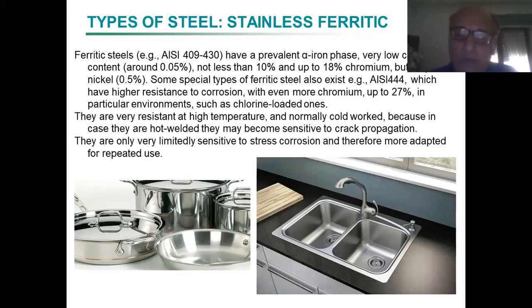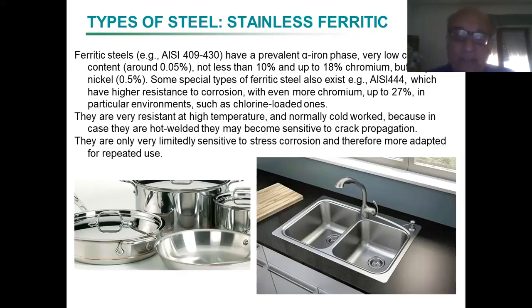It's important to understand that there are a few elements which have an influence on steel, which are in particular chromium and nickel. These are the two main actors after carbon. Carbon is inherent to the fact that iron becomes steel, and then if you have more carbon, you have cast irons.